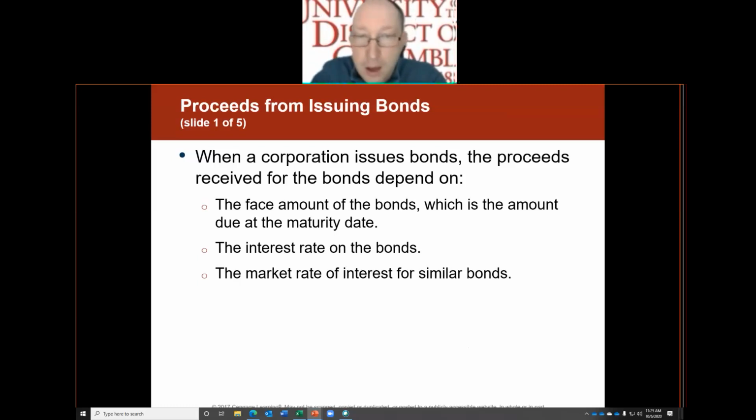Okay? That's the market rate. So, for example, if I go to buy a house in a few months from now, I'm going to look at the market rate, which tells me what is the average for a 30-year mortgage? What is the average for a 15-year mortgage?